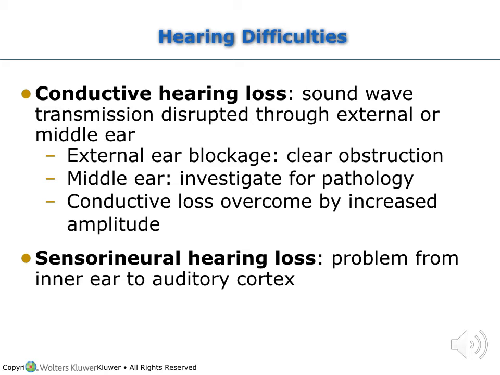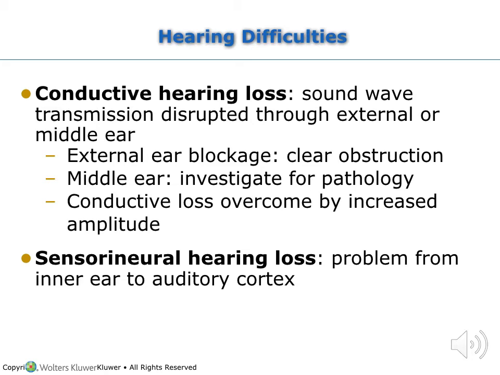So things that can interfere with conductive hearing loss can be something that's blocking that passage, such as impacted earwax, or even a middle ear infection, because if there's a lot of fluid or pus or thick mucousy discharge in the middle ear, then the sound wave is going to be muffled and will not actually reach the inner ear well.